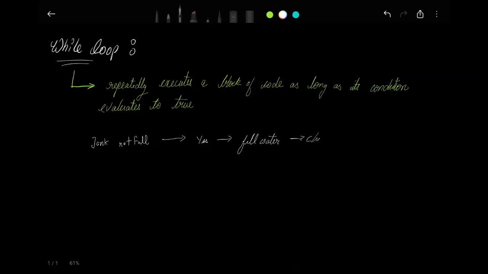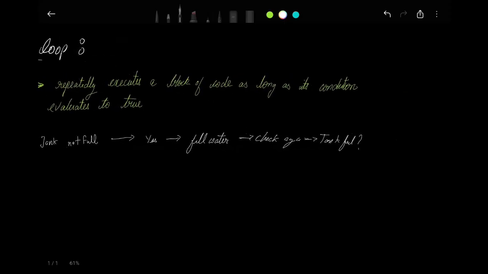Then check again: is the tank full? If the answer is yes, then we stop the loop. You keep filling water while the tank is not full. Every few moments you check the tank. As soon as it becomes full, you stop filling it. This is exactly how a while loop works.